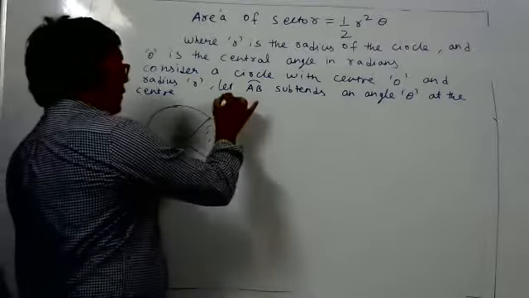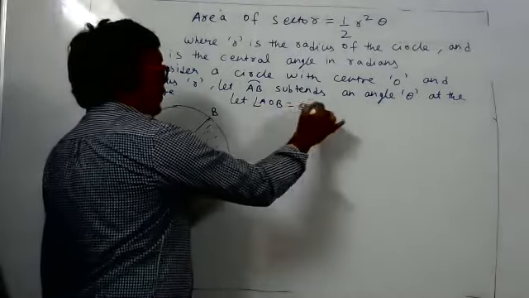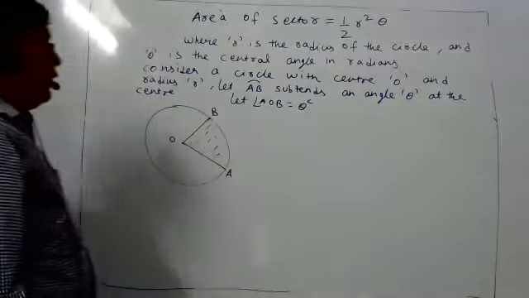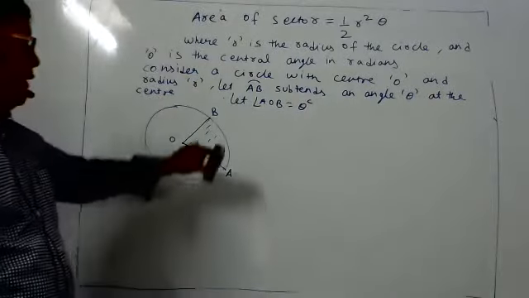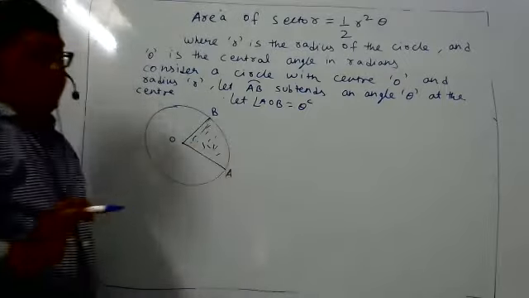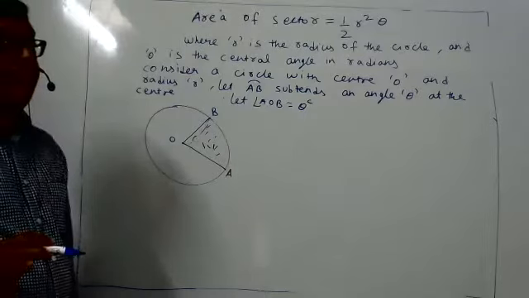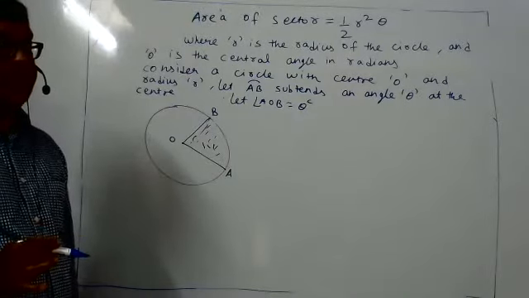Let angle AOB be equal to theta radian. So now we will find the area of this region. I hope that all of you have understood till here. No doubt till now? Do you have doubt till now, students?